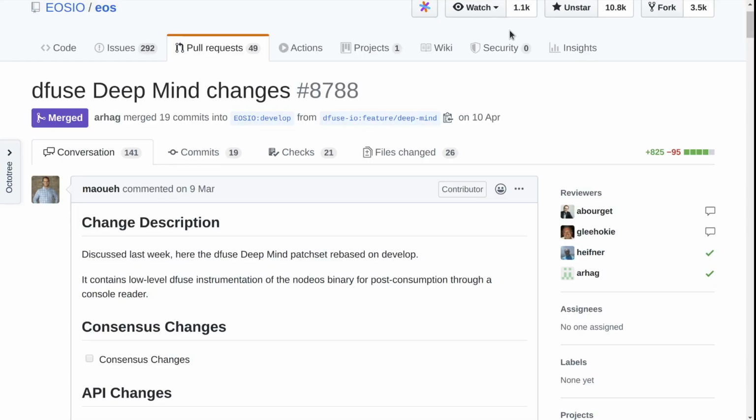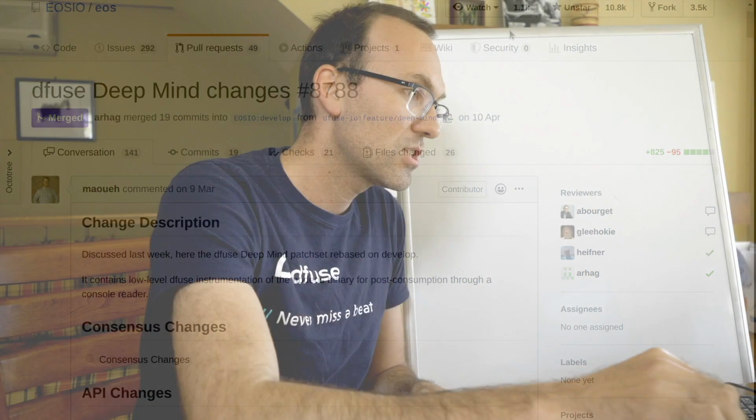And also let me show you this PR here, that's the PR that was merged inside of nodeos. So it's coming into version 2 point something, probably higher than 2.0. It's not in the release by Block.one, 2.0. We do have the releases in our repository, so you can get the Debian or for Mac or Linux, the releases that are already instrumented with Deepmind.